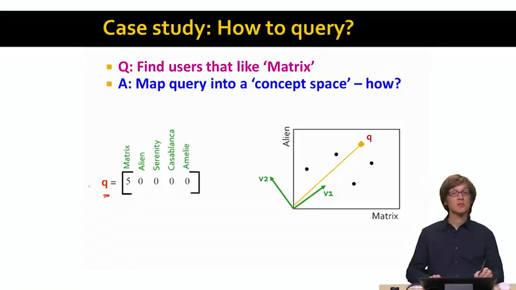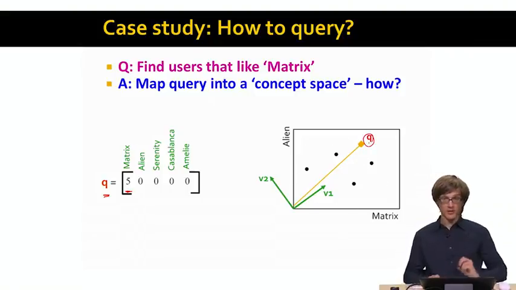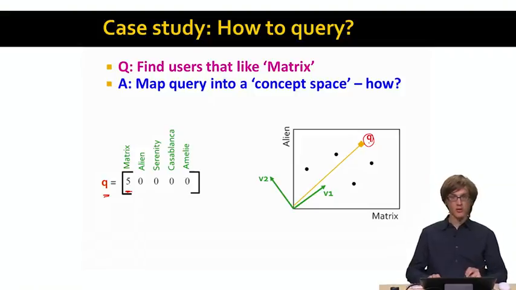So let's create this artificial query user that likes the movie Matrix. And the idea is we want to find other users who are close to this given user in the concept space. So we have our movies space, we have our query point Q here, and we want to project it into our concept space.